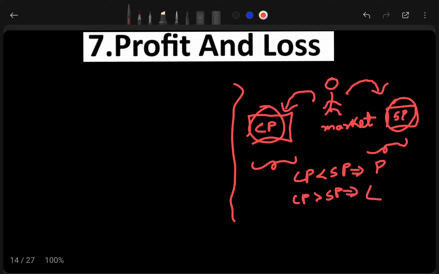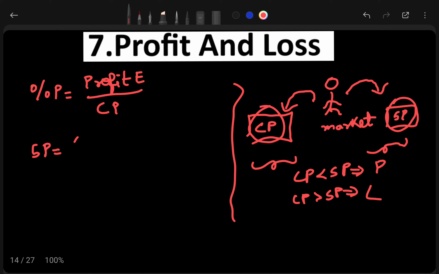Now there are only two formulas here. In profit and loss, percentage profit is going to be profit earned, in rupees or dollars or anything, by cost price. This is the first formula. Second formula: selling price is equal to, if a percentage is given, 100 plus x.